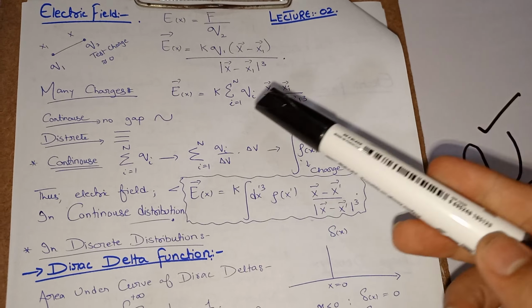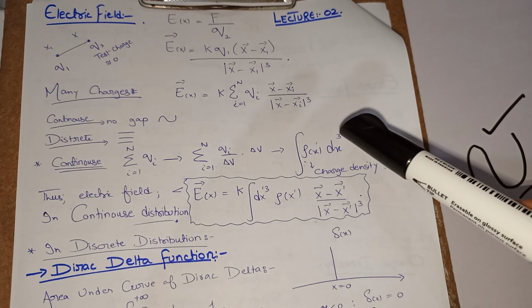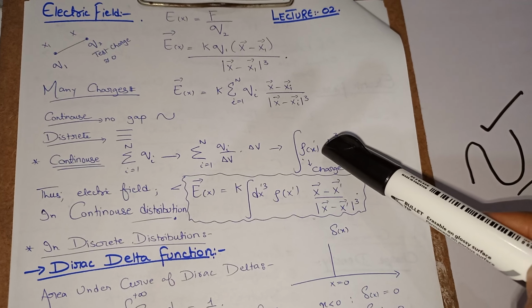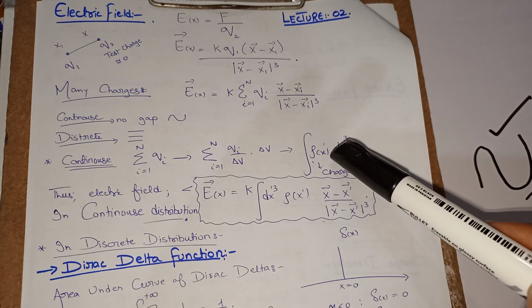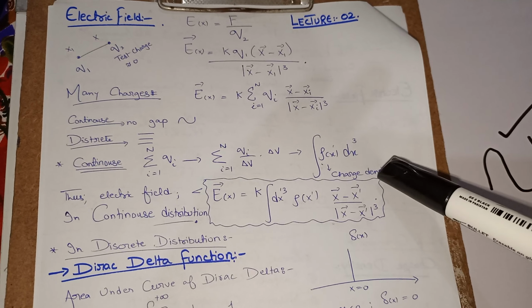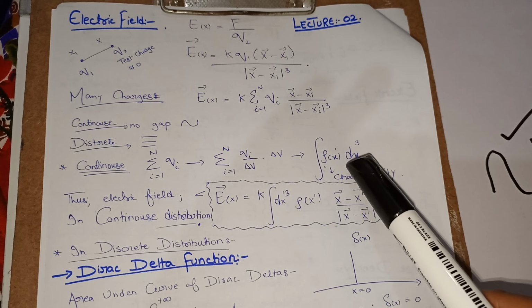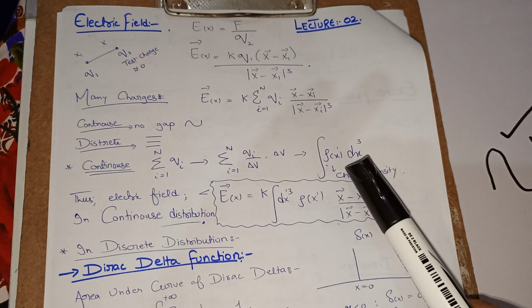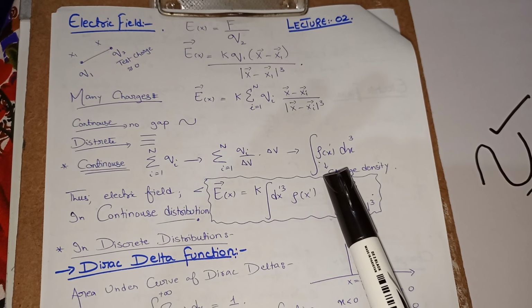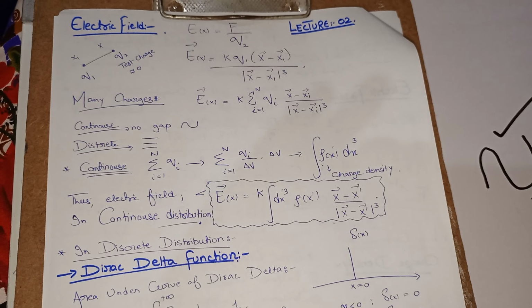Why? Because charge per volume becomes charge density, just as mass divided by volume becomes density. So this is the case of the continuous electric field.